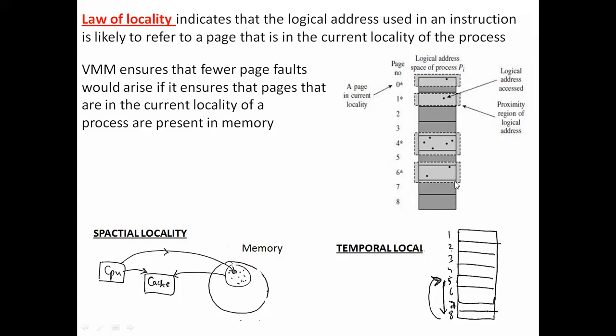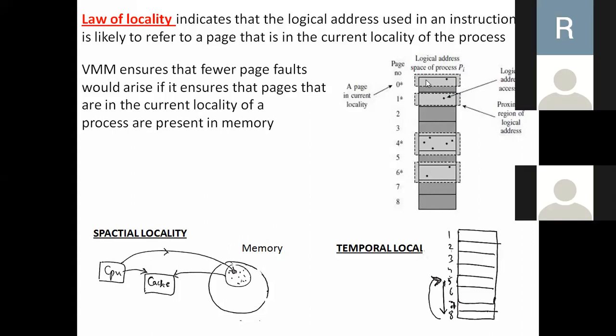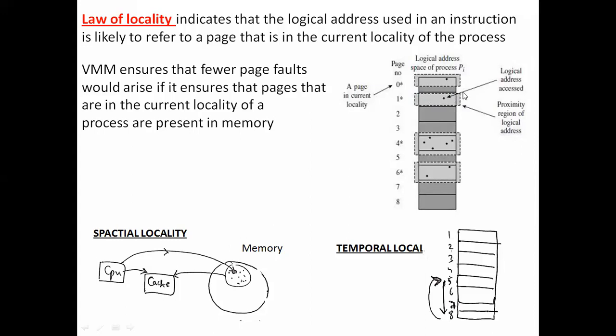This whole solid box is the logical address space available for process i, and this shaded, hashed line indicates the proximity region of the accessed logical address. The next accesses or references will be addresses very close to the accessed address.